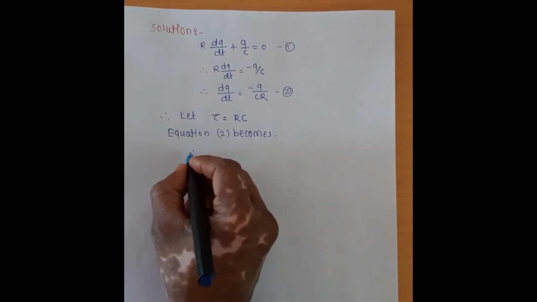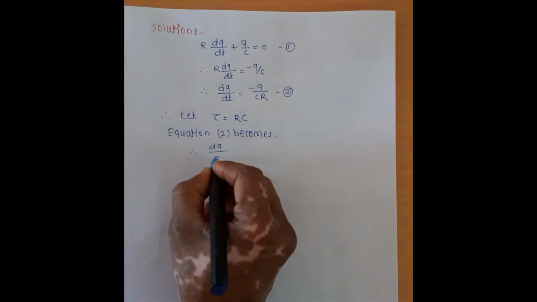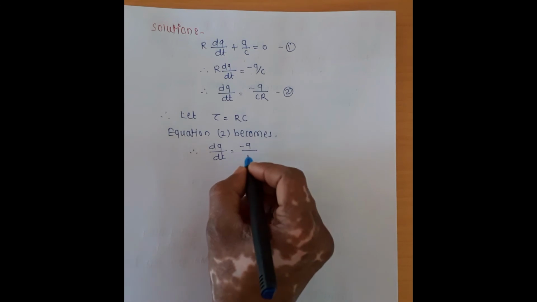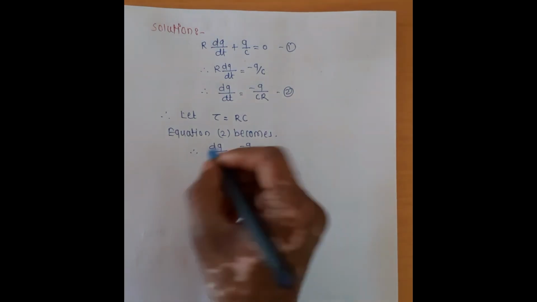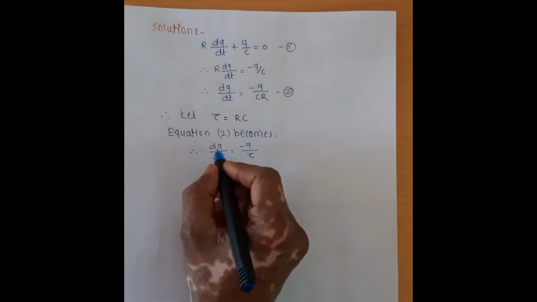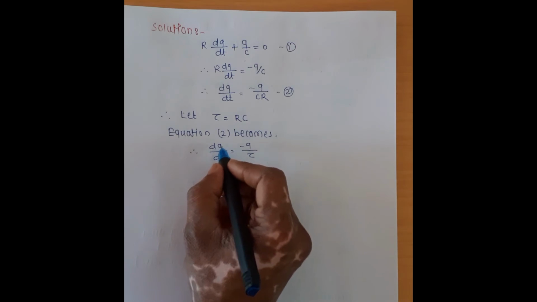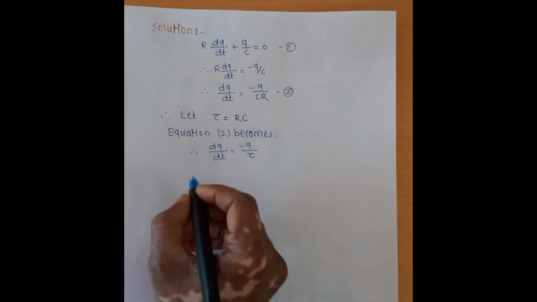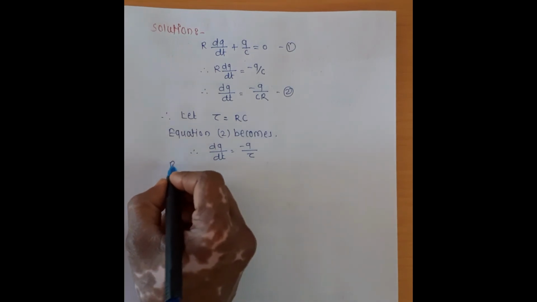therefore dq by dt is equal to minus q upon tau. Again we modify this equation because the differentiation variable is q, so this q is multiplied, it goes to the opposite side and will be divided. So we rearrange the above equation.